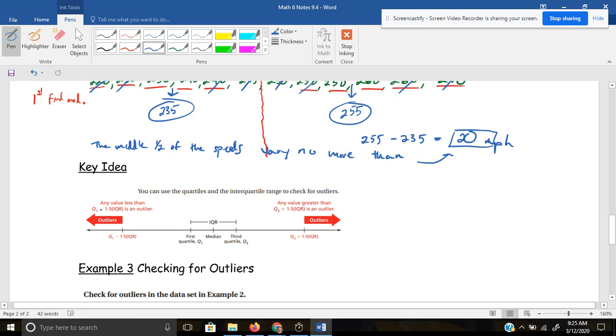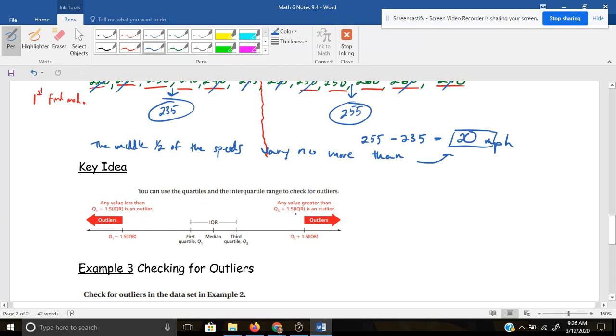Any value less than the quartile 1 minus 1.5 times your interquartile range is an outlier. And any value greater than our third quartile plus 1.5 times the IQR is an outlier. So anything way too high or anything way too low.